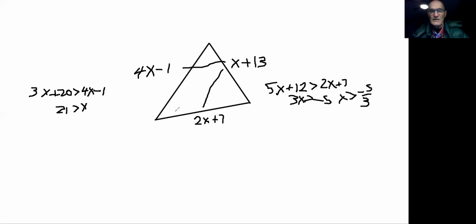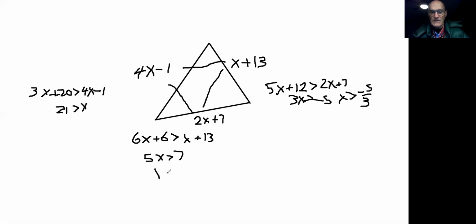And then the final comparison will be with these two here. So I add 4x and 2x, I get 6x. Minus 1 plus 7 is plus 6. And this has got to be greater than the x plus 13. So if I subtract the 6, I get 5x is greater than 7.